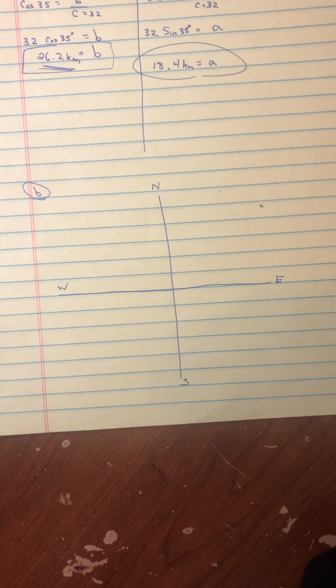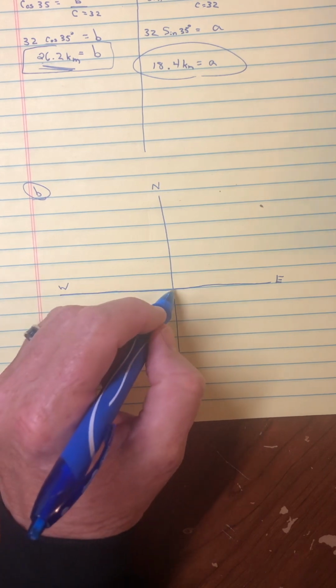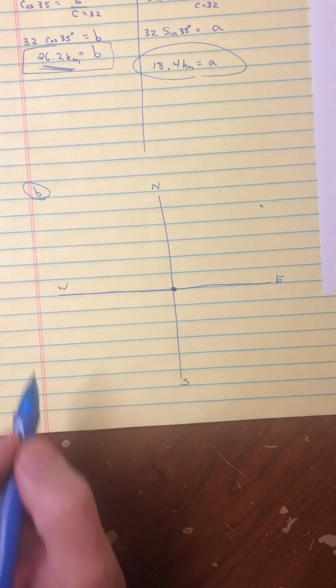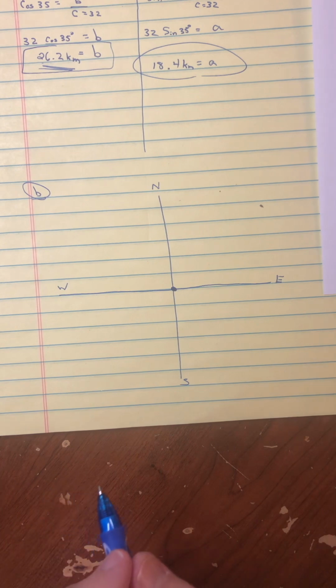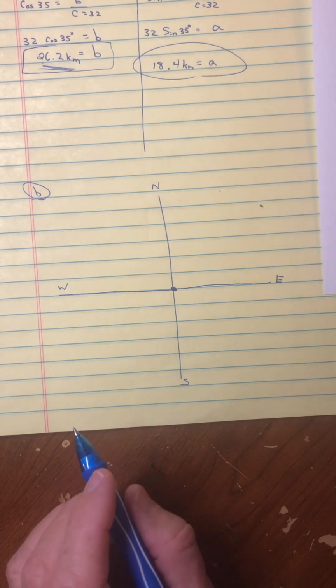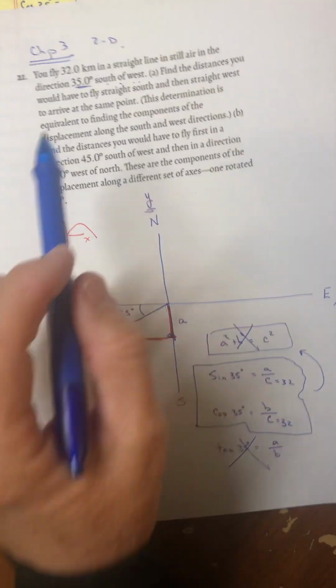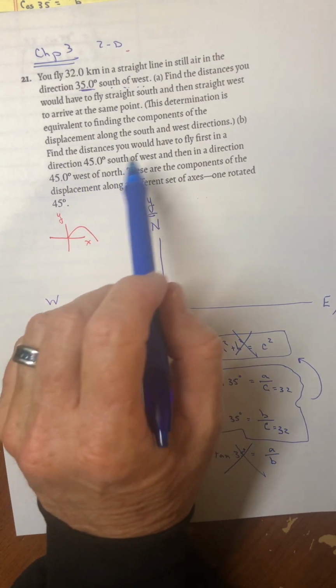And so it says, find the distance you would have to fly first in a direction that is, okay. What am I, guess I'm trying to say? Maybe I should put, now it makes sense. That was a little hard for me to understand. Hopefully it wasn't for you.